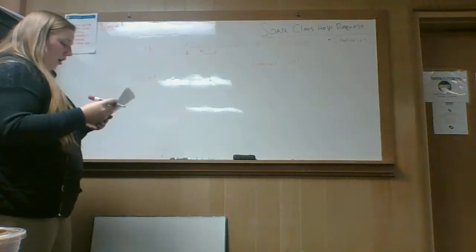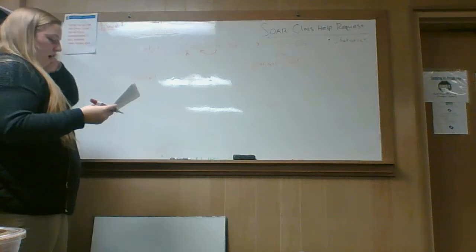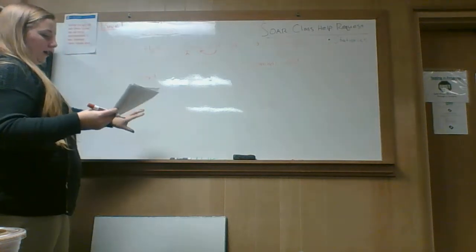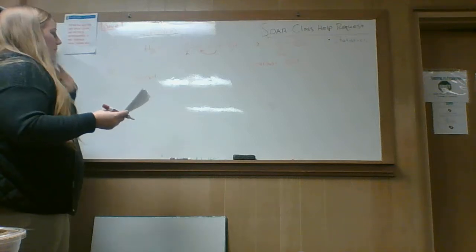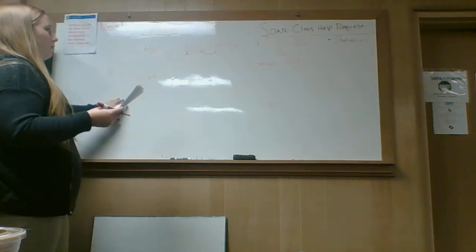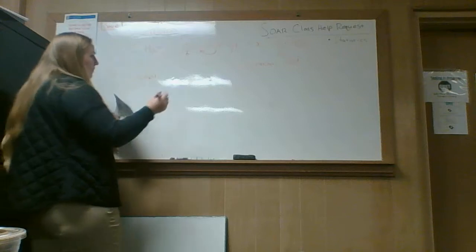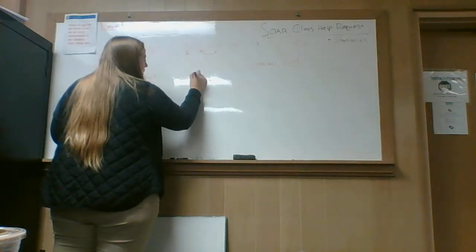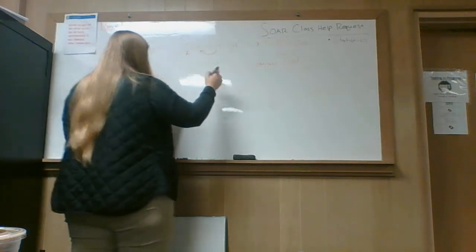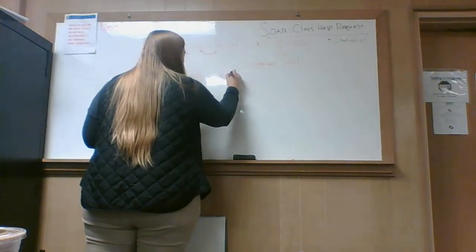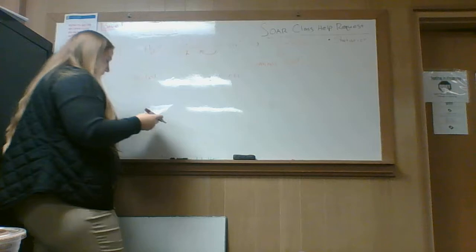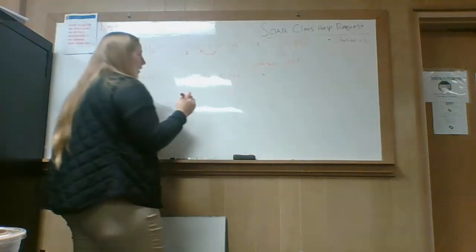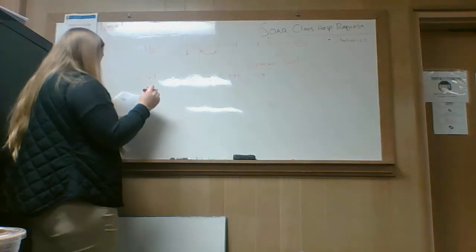So, addition of alcohols. You're going to have two different possible products depending on how much alcohol is present. So let's see here, we have our carbonyl group. Again, we're going to follow the same pattern here.